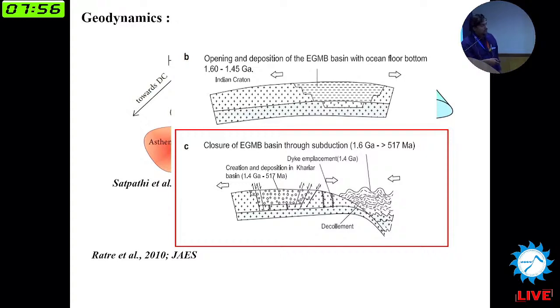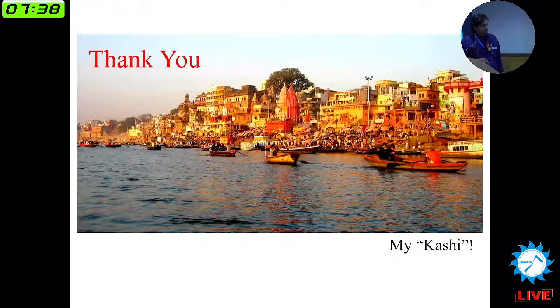And due to the creation of rift, asthenospheric upwelling took place, and it again interacted with the previously metasomatized lithospheric mantle, and this metasomatized mantle acted as a source for the generation of the 1.5 billion year lamprophyre. Thank you.